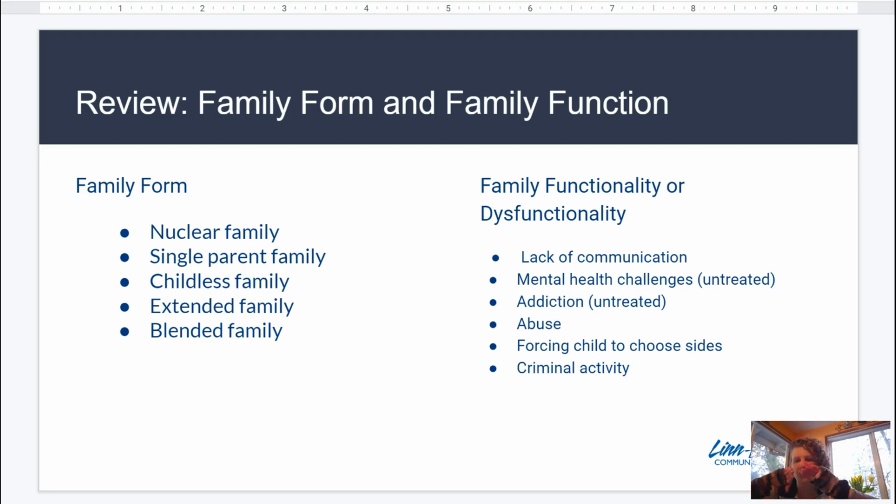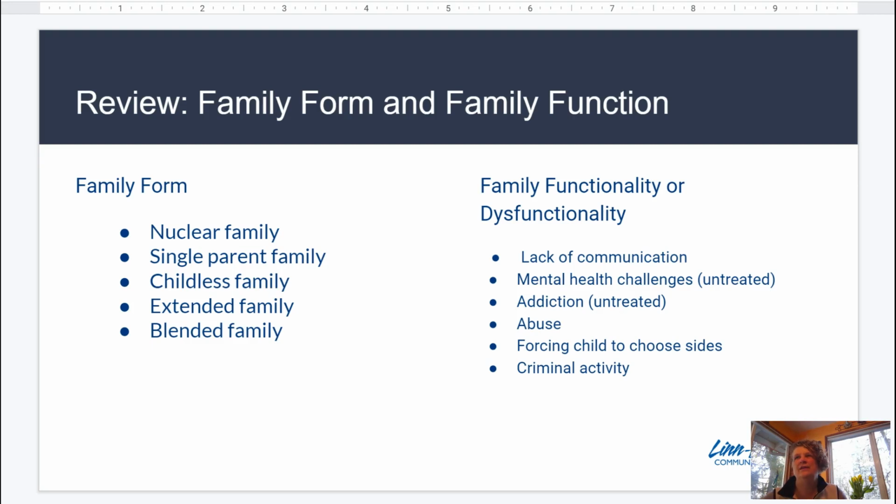And what I really want you to do here is do your best to separate those. The reason is the more we as a society consider children to be broken or coming from broken homes, the more likely we are to harm them or to see them as having a deficit.